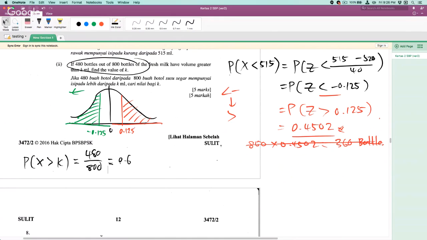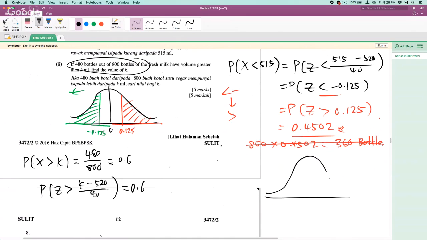Same thing: if I want to use the Z value table, K minus the mean, 520, divided by the standard deviation, equals 0.6. But right now, this is the most difficult part in this whole topic, because now you have to sketch the diagram by yourself. After you sketch the diagram, draw the middle line.